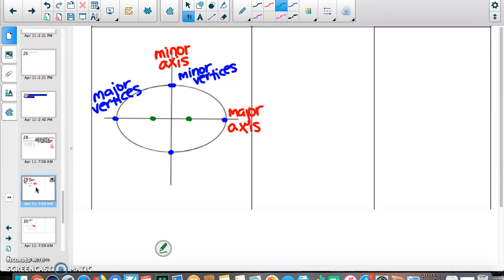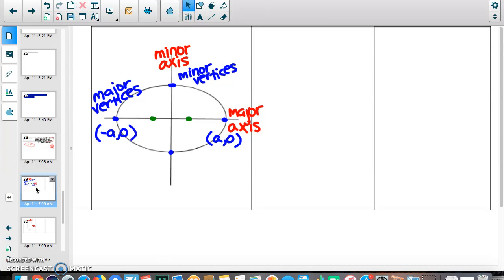And now let's attach some letters. So whichever axis is your major, we just use the letter A for those points. That's easy to remember, right? Major, you use the letter A, comes first in the alphabet. So this would be negative A, 0, right?